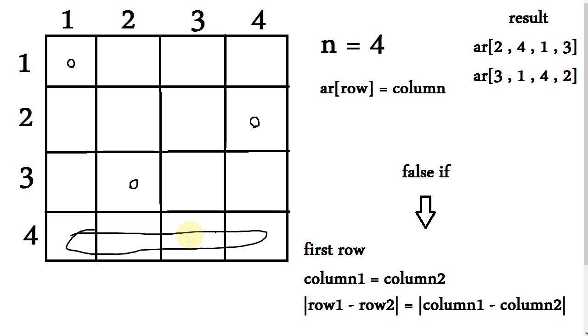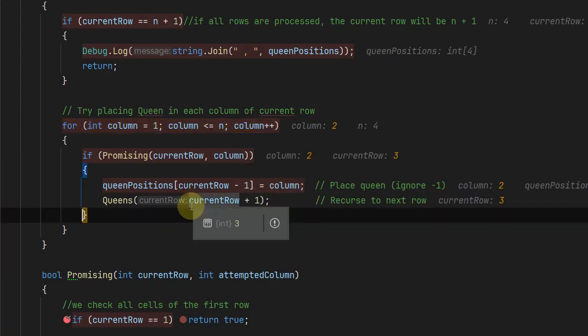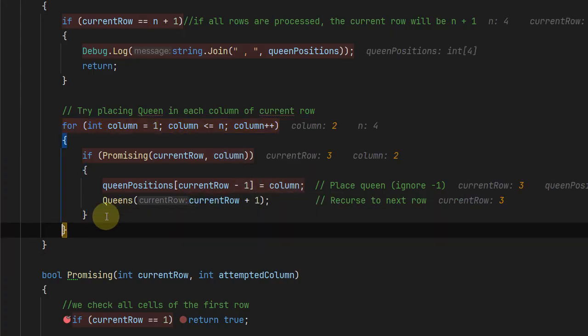So we did not reach anything. Because of that, we go up to this one and go 1 row again and check with this one, and we'll see this is diagonal. We cannot put in here. We go to the next one and we'll see we are the same column here. I'll show you the code.